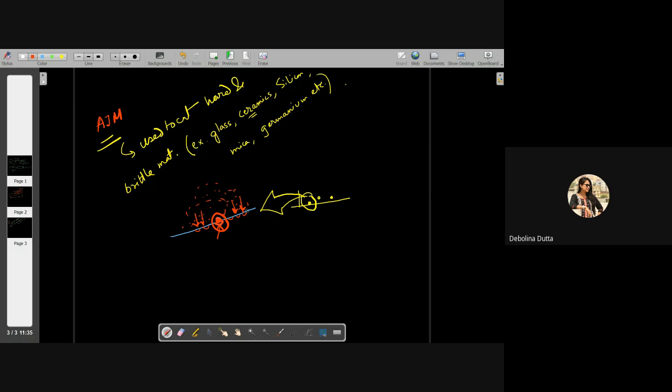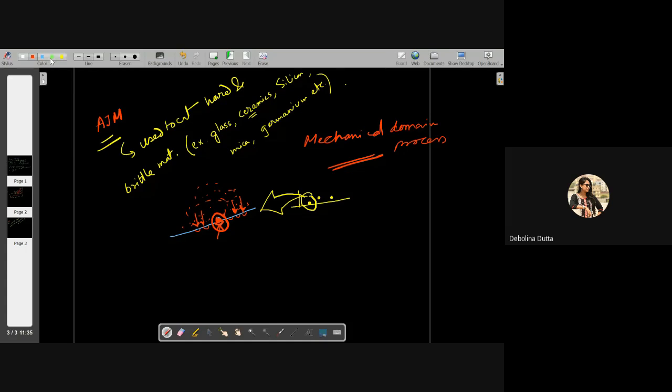So this is a pure mechanical domain process. No other energy is used here other than the mechanical energy of the high speed abrasive.